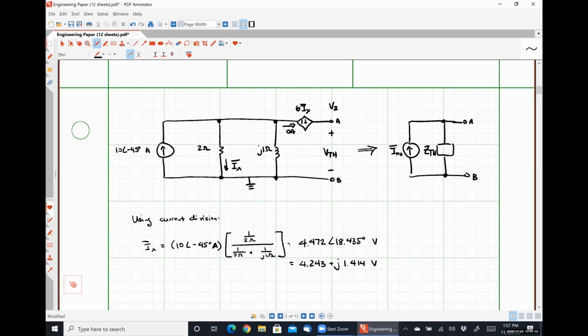What I get, oh, sorry, this is current division, so those should be amps, not volts. That's what I get for my current.